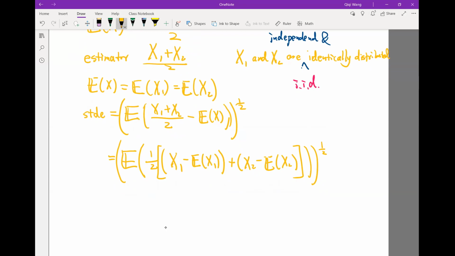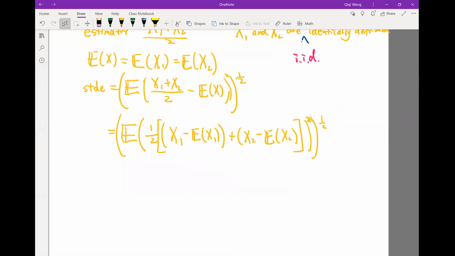The standard deviation has a square inside the expectation, so it's actually the expectation of this squared, and the square root is outside the expectation.